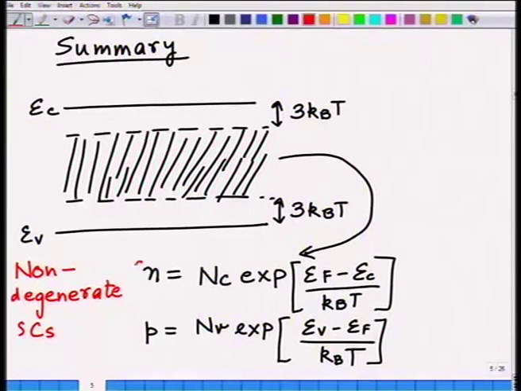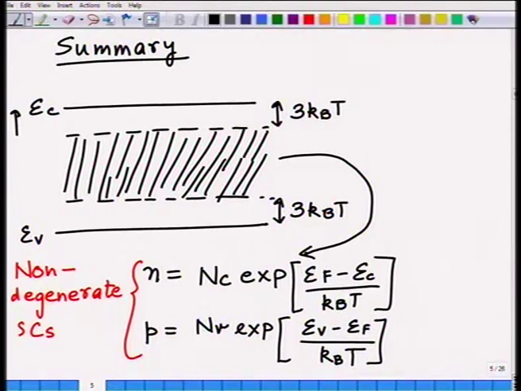When Fermi energy lies 3 kBt away from the band edge, such semiconductors are called non-degenerate semiconductors.